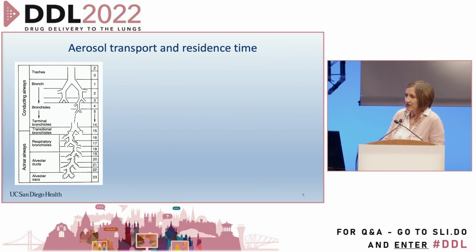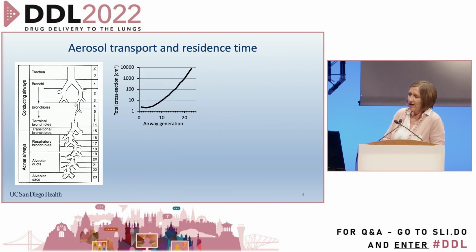But in terms of aerosol transport, one aspect of this complex geometry is that if you look at the total cross-section as you go deeper in the lung from the trachea down to the lung periphery, and for each generation you sum the total of all the cross-sections of the airways belonging to that generation, you end up with a very drastic increase in the total cross-section as you penetrate deeper and deeper in the lung.